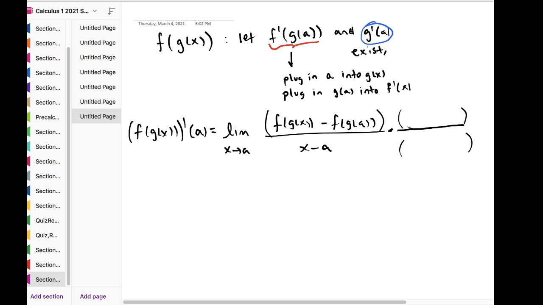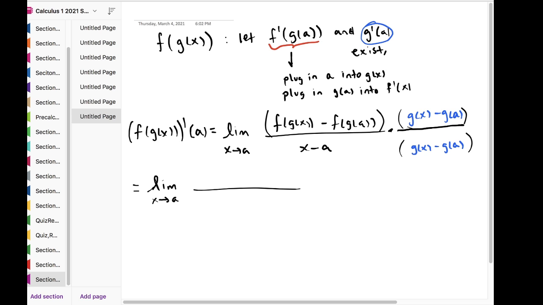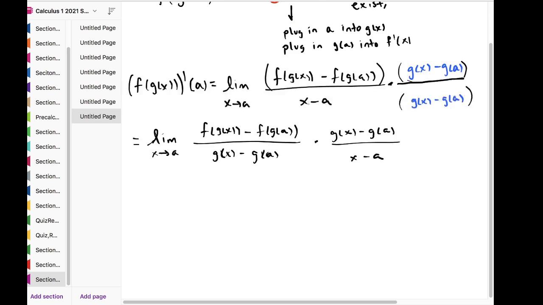Yeah, if I have g of x minus g of a, then suddenly this term becomes g prime. So that's the main step to this proof. So g of x minus g of a over x minus a. So cool, we have the derivative of g that pops up.